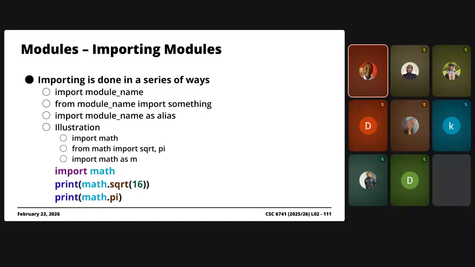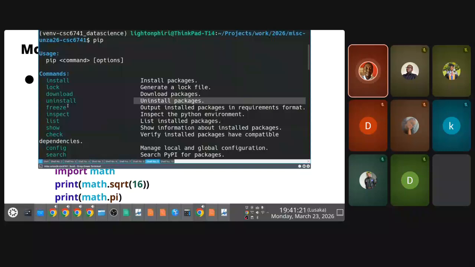Now, the thing here is, when you have a library, how exactly do you use it in your code? I want to write a program that uses math-centric things, and I discover that the math package has the functionality that I need. Well, what I do is I import the module. So I use the import keyword.